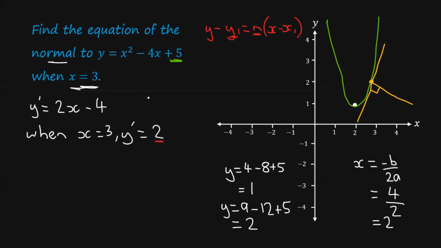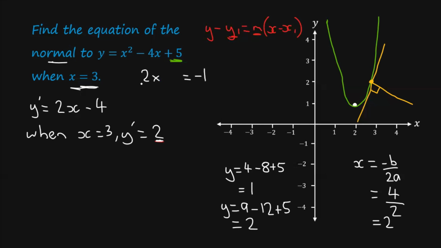To find the equation of the normal, what you need to do is find a value that you multiply this by to get -1. That's going to give you the gradient for the normal. So we're going to multiply 2 by something, and it's going to equal -1.